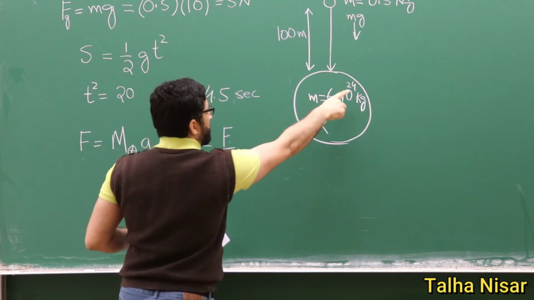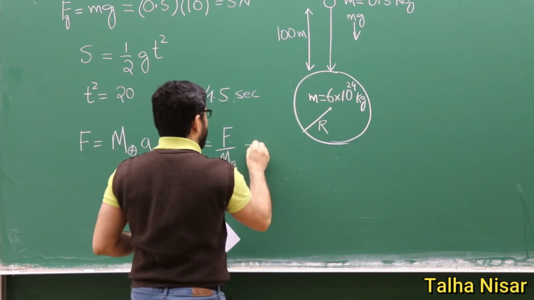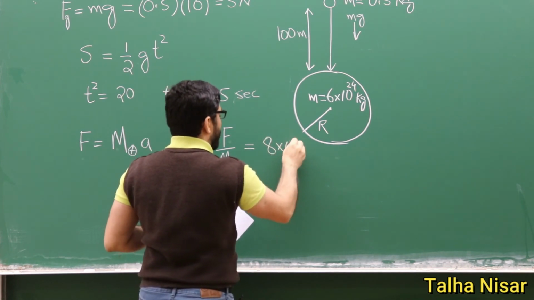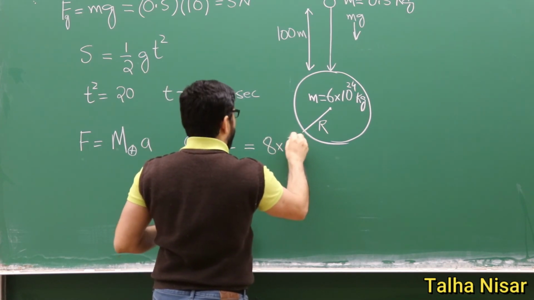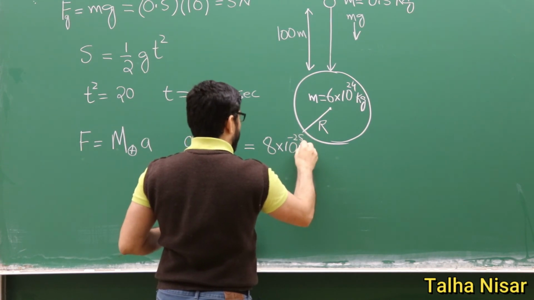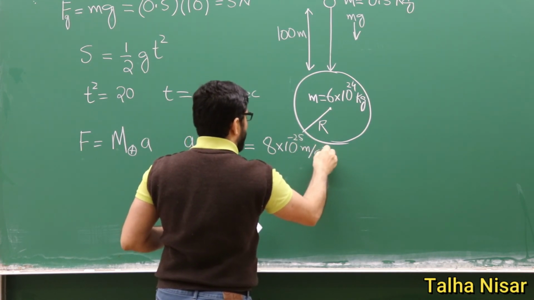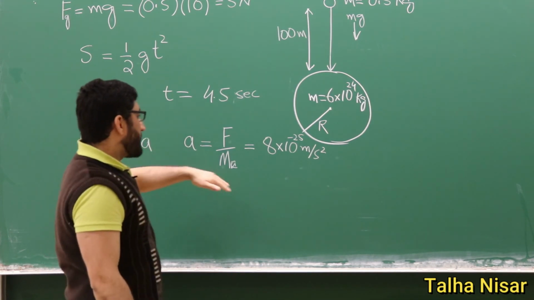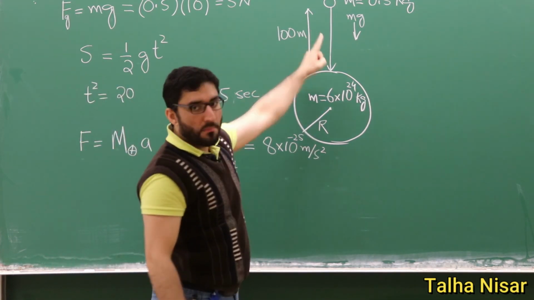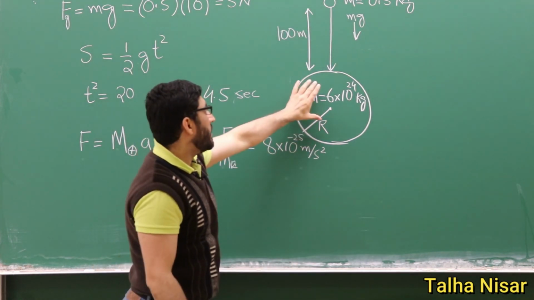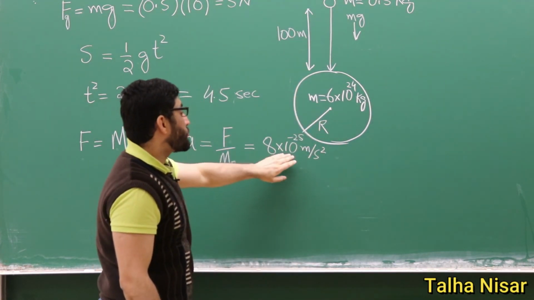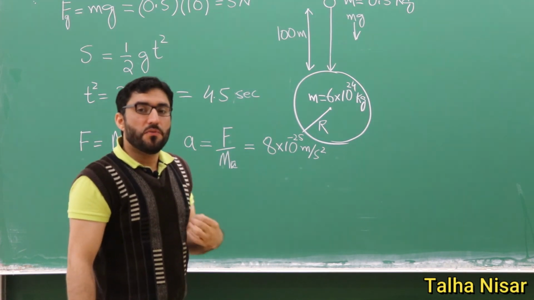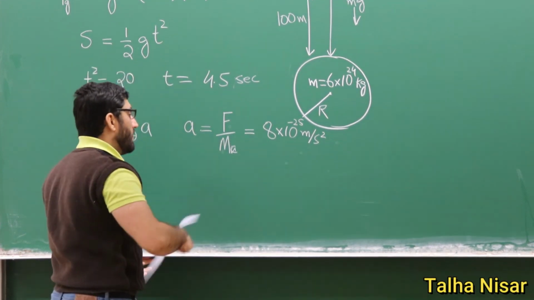We have the force, 5 newtons, which we just calculated, and the mass of the Earth, 6 into 10 raised to the power 24. If we put in these values, we get 8 into 10 raised to the power minus 25 meters per second squared. So we can clearly see that the acceleration of the Earth towards the ball is extremely small. That's why we do not feel the Earth's movement towards the ball.